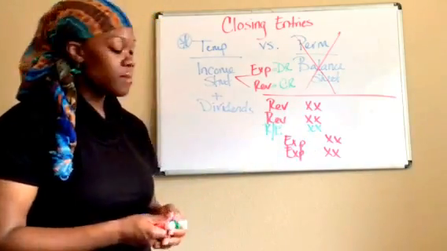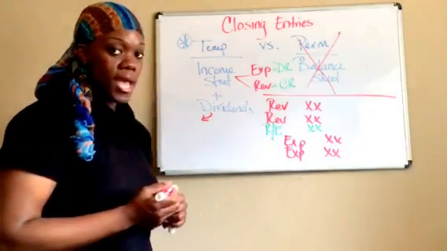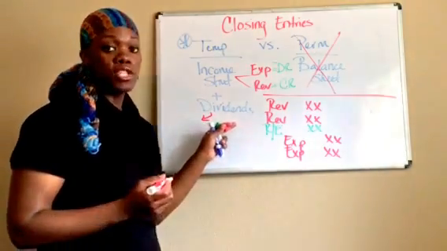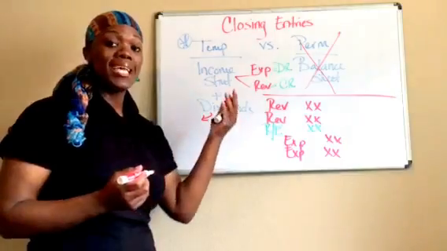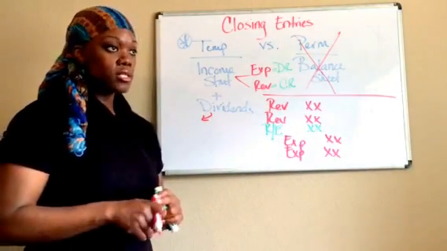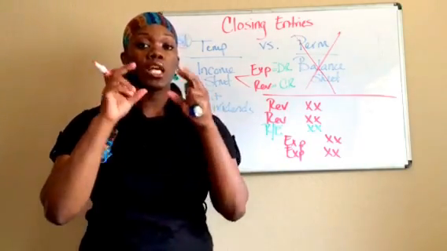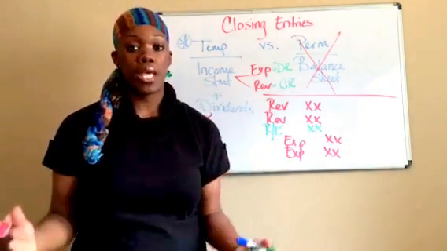Then you do the same thing for the dividends. Dividends are normally going to have a debit balance. Dividends is considered a contra equity account because it decreases equity. If anything decreases equity, assets, or liabilities, we call it a contra account.